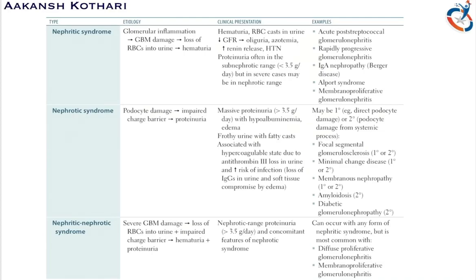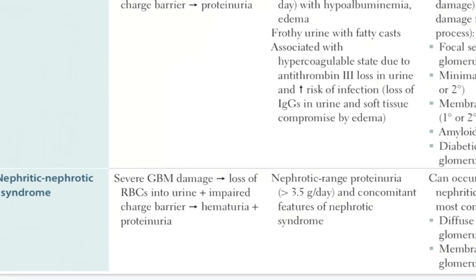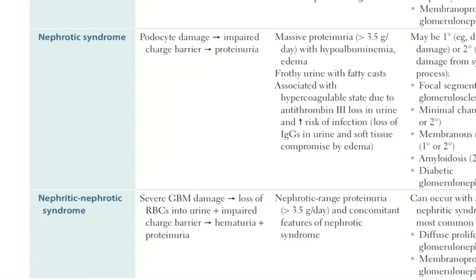Now, let us talk about the last section, which is nephritic-nephrotic syndrome. That means it is a combination of both nephritic syndrome and nephrotic syndrome. What happens is there is severe glomerular basement membrane damage. This damage leads to a loss of RBCs as usual, and also there is an impaired charge barrier which leads to proteinuria.